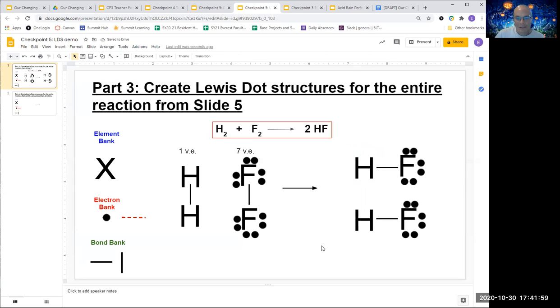If you want, you can double check everything by counting the atoms and counting the electrons, make sure we didn't lose anything in this process. And we have 2 hydrogen atoms here, 2 hydrogen atoms here, 2 fluorine atoms here, 2 fluorine atoms here on the right.